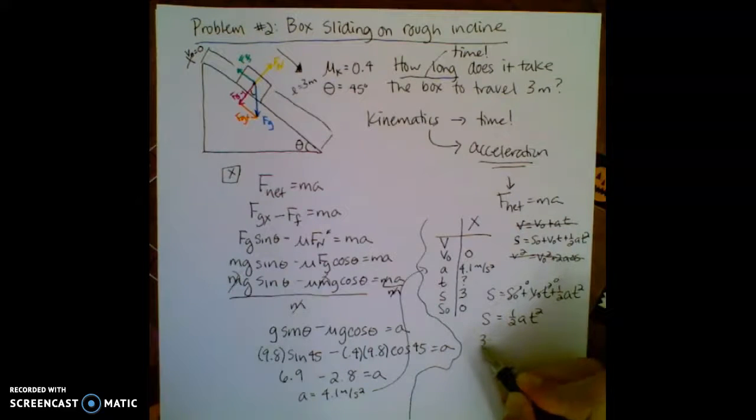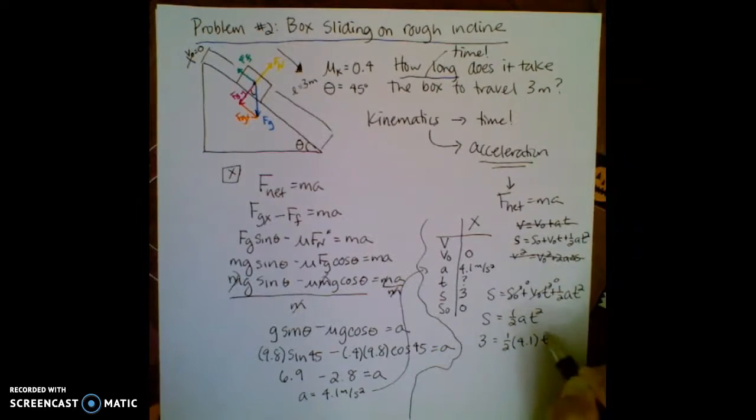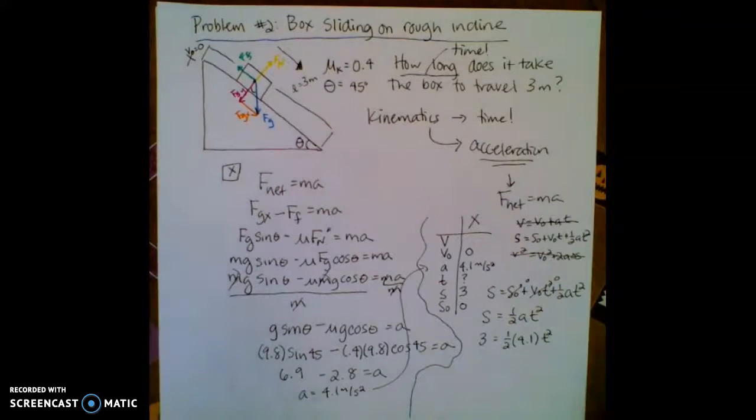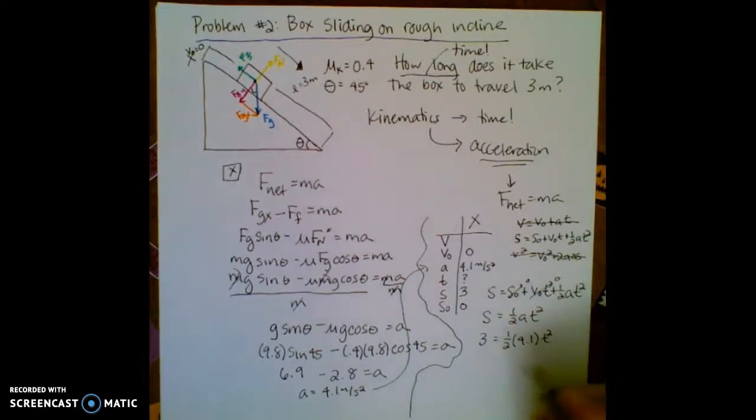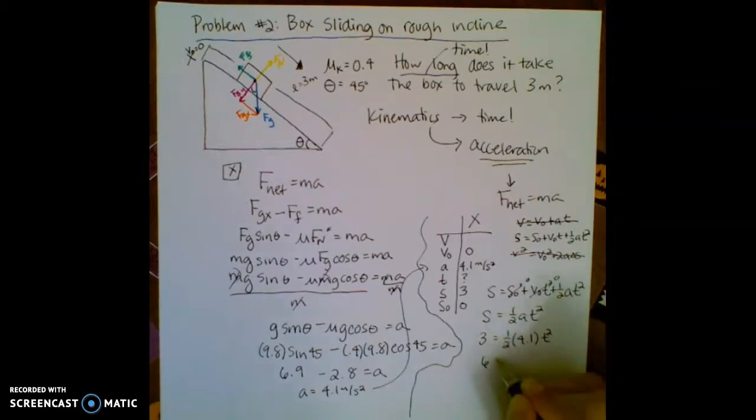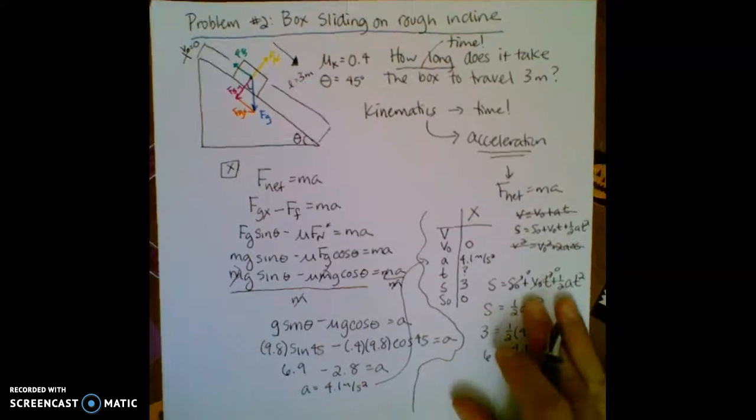S is 3 meters, 1/2 A is 4.1, and then T squared. So if I multiply both sides by 2 to get the half out, I get 6 is equal to 4.1 T squared.